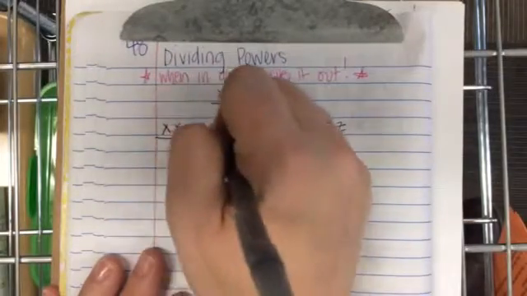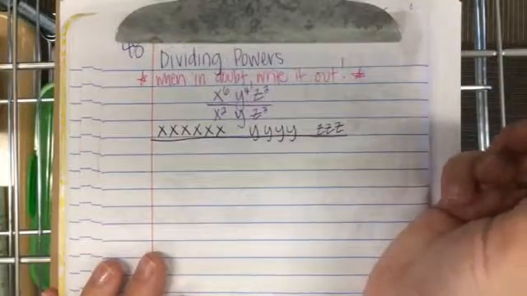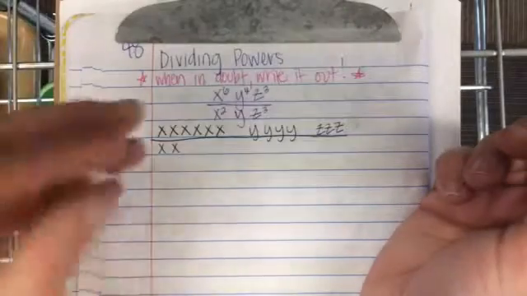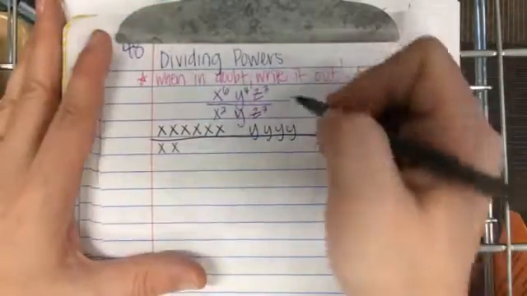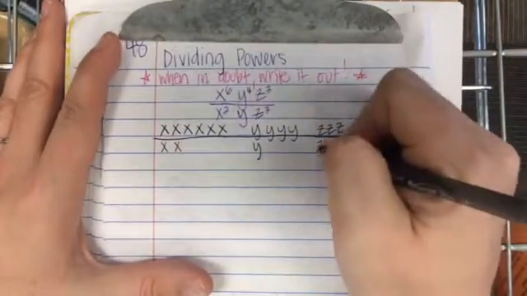Over, instead of x squared, x, x. And I'm grouping them kind of together. So I'm putting the x's all together. Then I leave a little space, and then I put the y's, which is just one y. And then I put my z's.